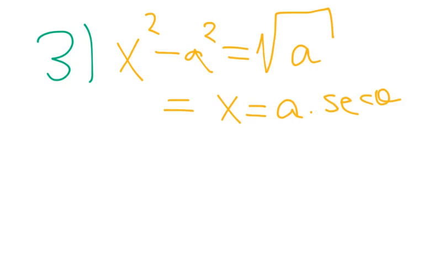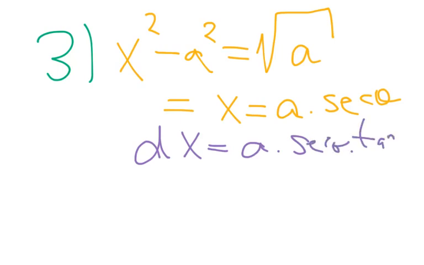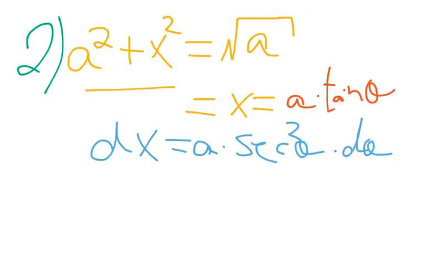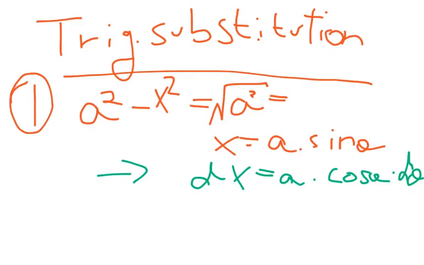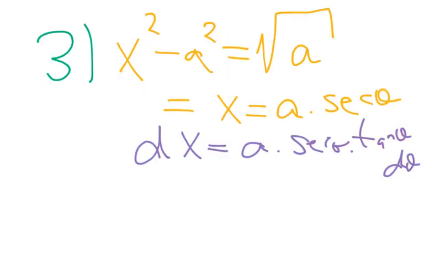And then with another color here, now we take the derivative of this, which will be a. The derivative of secant of theta is, yep, you are right, secant of theta tangent of theta. And although we don't have more space left over here, we will cram it a little bit, d theta. Okay, so now we've got these three possibilities. This is the nitty-gritty, to put it that way.